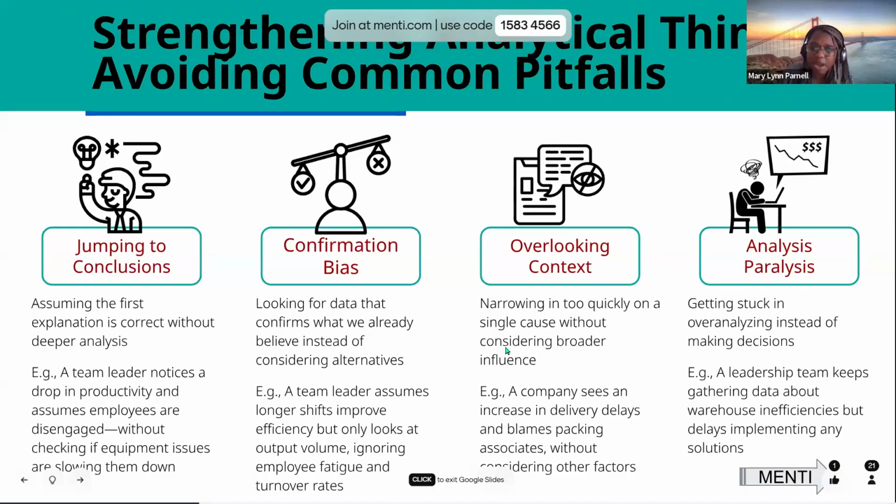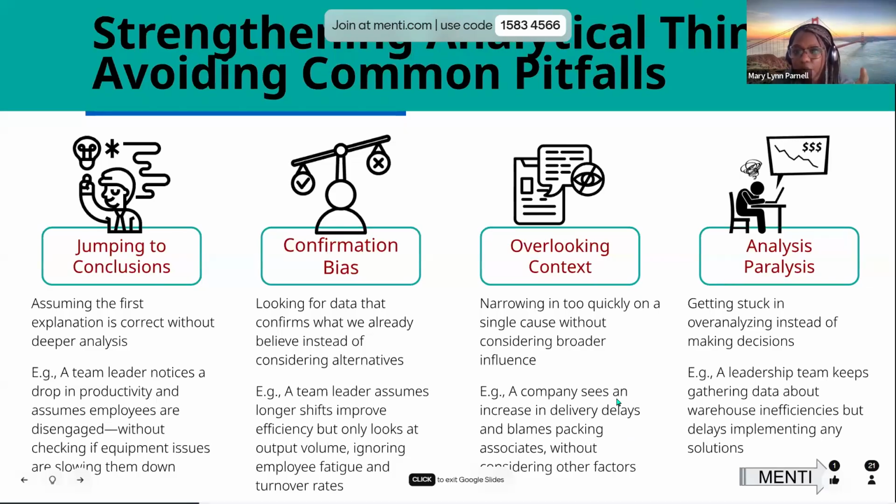Overlooking context is narrowing in too quickly on a single cause without considering broader influences. So a company sees an increase in delivery delays and blames packing associates without considering other factors. Could there be other factors for delivery delays? Probably. Do we quickly go to just one without thinking, is there some other environmental issue that we're not taking into consideration?